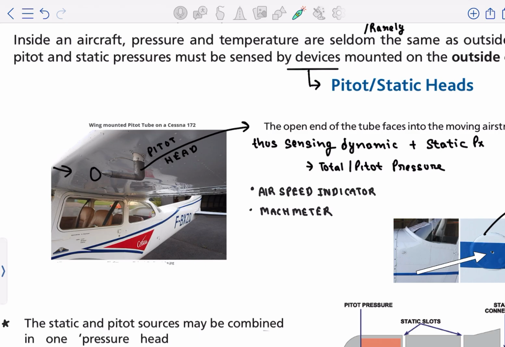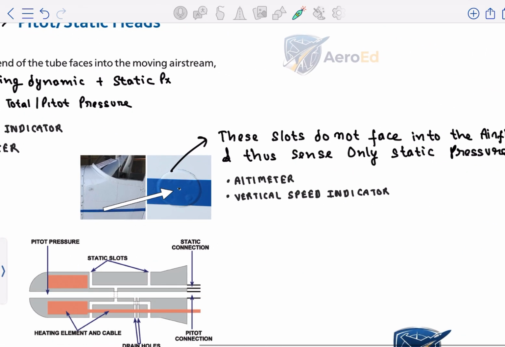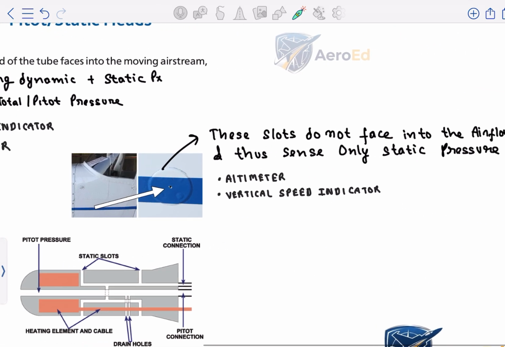Next, we are going to study static heads. By the definition of static pressure, it has to be measured in still air. We want still air, we don't want moving air. So this hole or this slot does not face into the airflow like the pitot head.